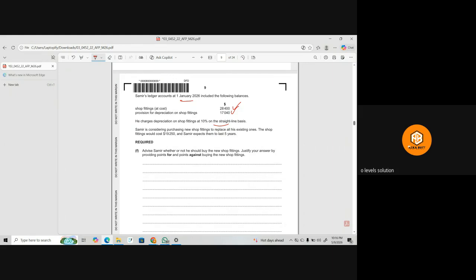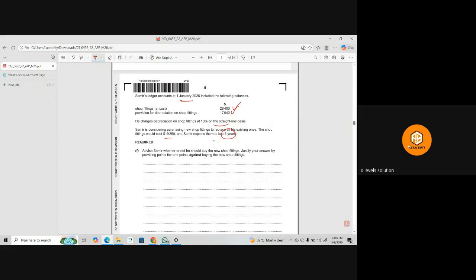Basically, it's the straight line method we are using, and we are charging 10% depreciation, and the new shop fittings' cost will be 19,250, and its life is basically 5 years.